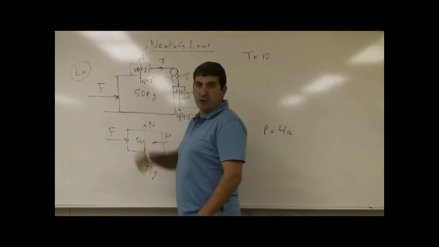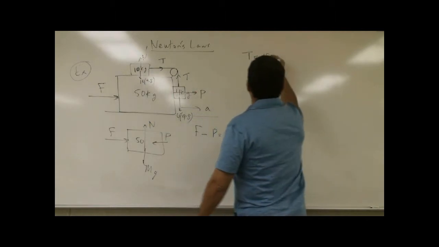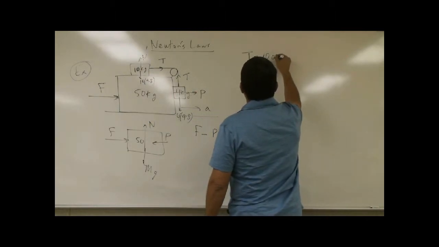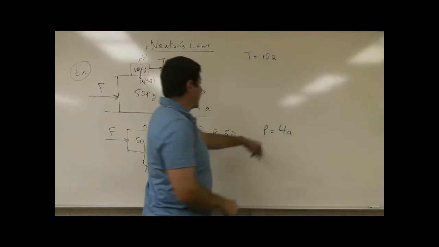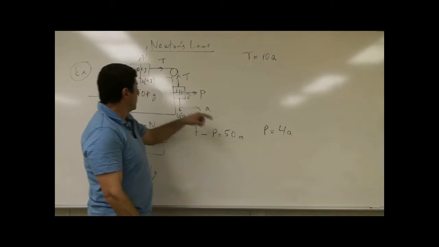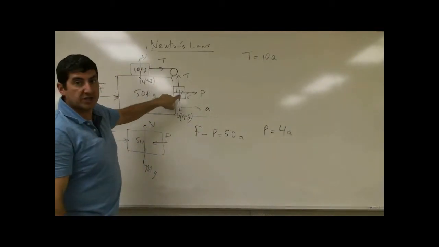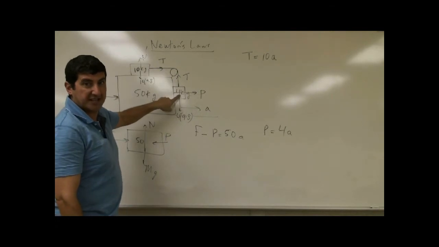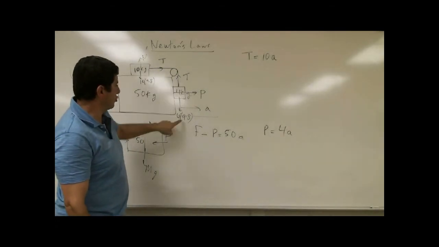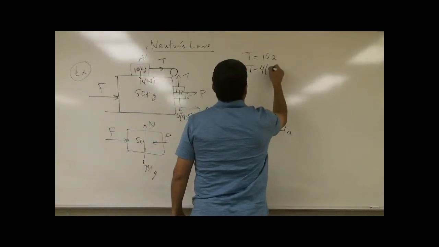So there's no relative acceleration. So T is equal to 10A. So far, these are my equations: F minus P is equal to 50A, P is equal to 4A. And then in the vertical direction, you don't want this to accelerate. You want it to stand still. So T is equal to 4 times 9.8.